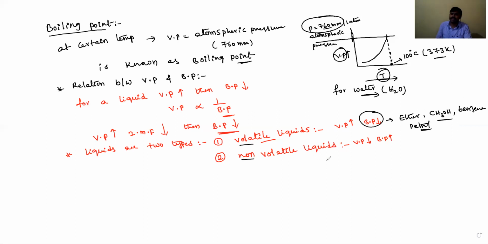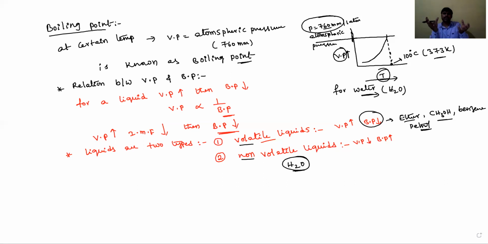Non-volatile liquids means, for example, water is non-volatile. That's why it has a high boiling point. Ethers and petrol have very low boiling points. If you open a petrol tank or a beaker containing petrol, the quantity decreases, because at low temperature it converts into vapor state.